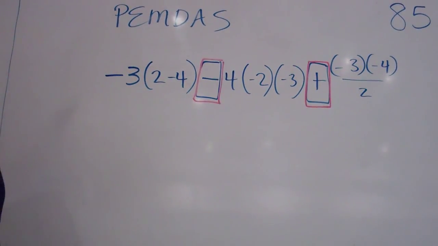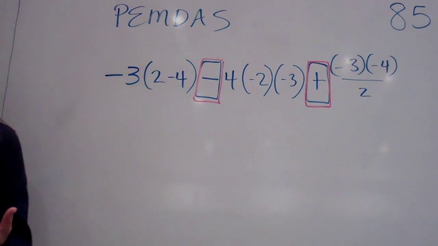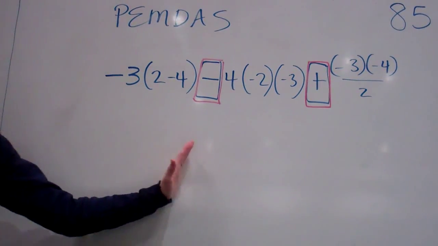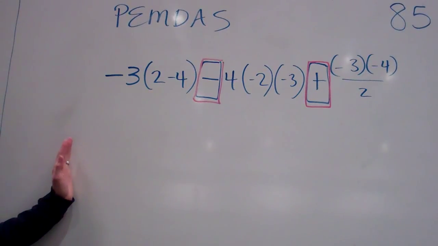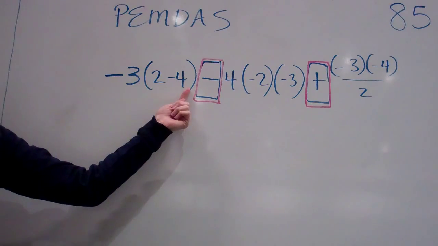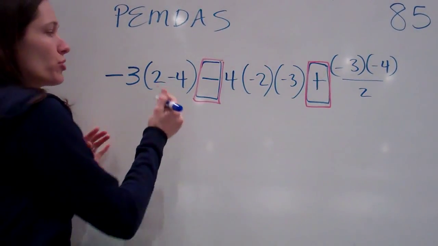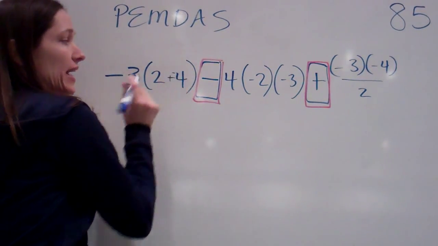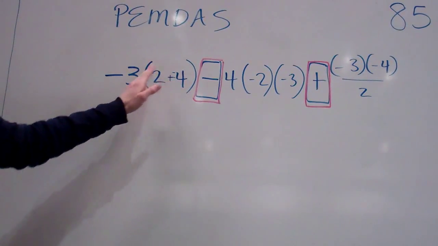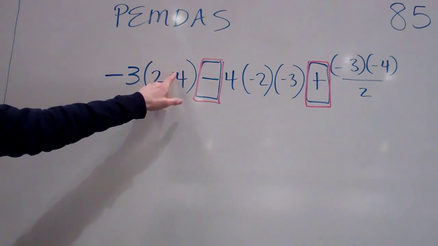Now some of you may be able to go, okay, if I'm at 2 and then I take away 4, it's going to be a negative number. Hopefully you see that because this is 2 take away 4. If it helps you to do plus negative right now, you can do that within the problem, and then you know the rules that if they're opposites, then you subtract and take the sign of the biggest number.